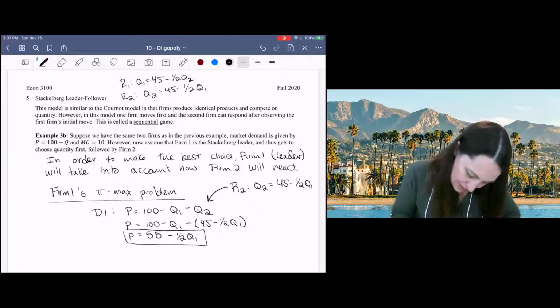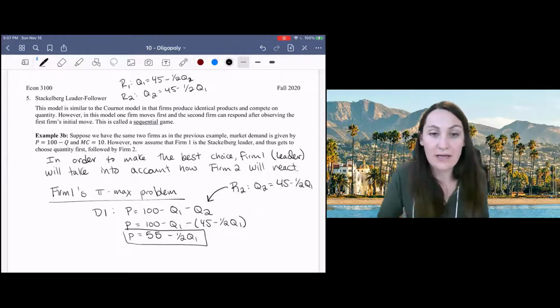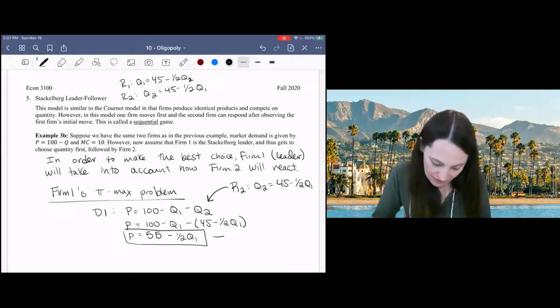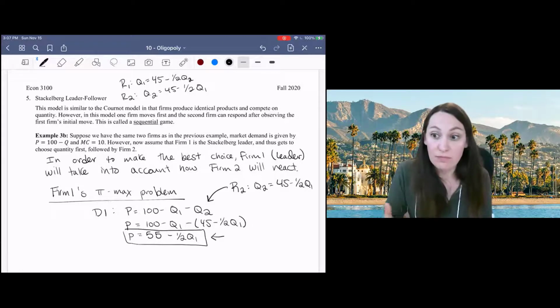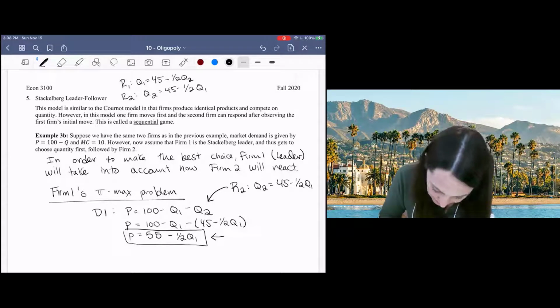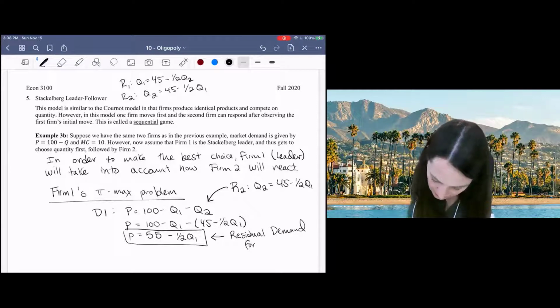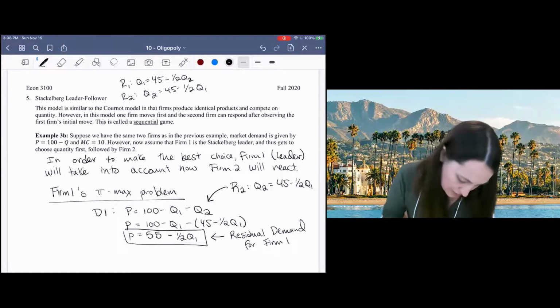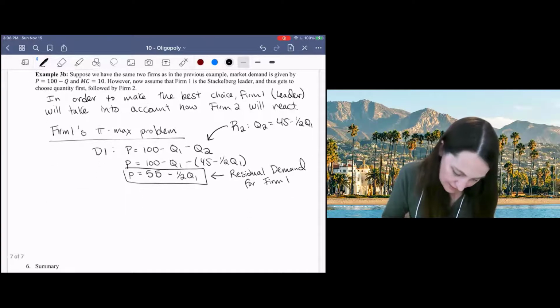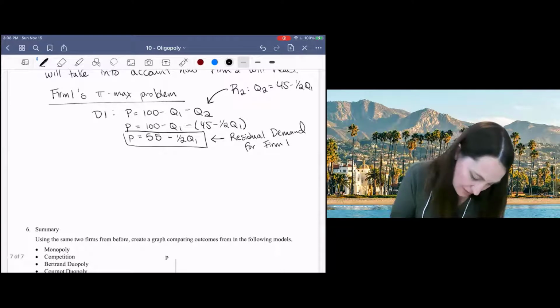Okay, so now this is my new residual demand equation for firm one, and based on that, I will make my profit maximization decision. So this is firm one's residual demand.